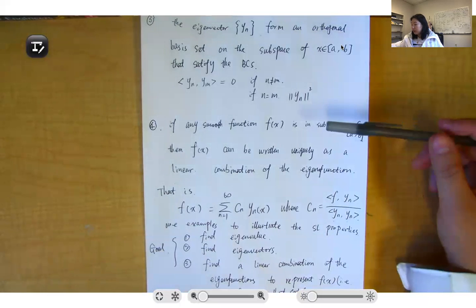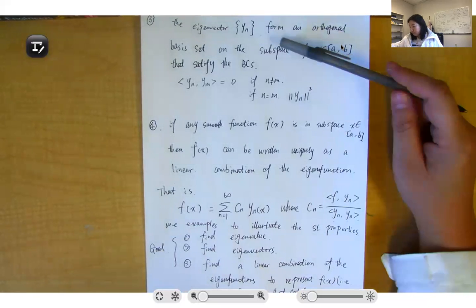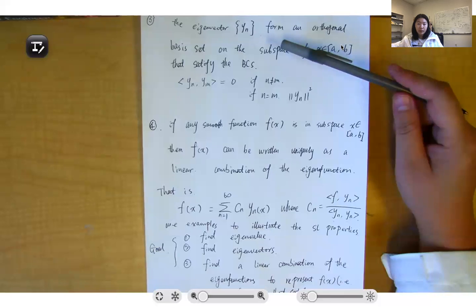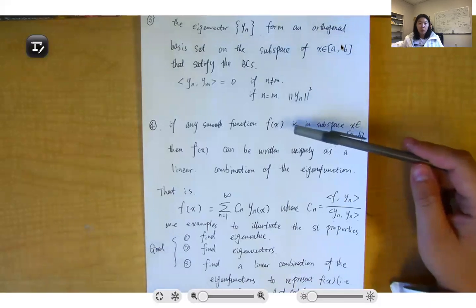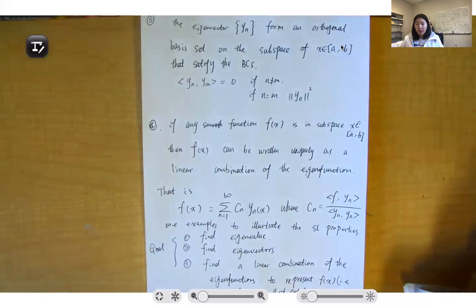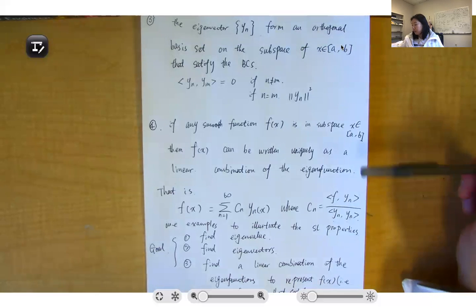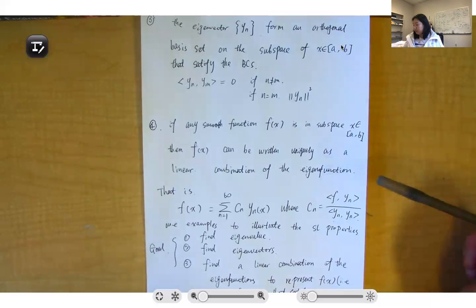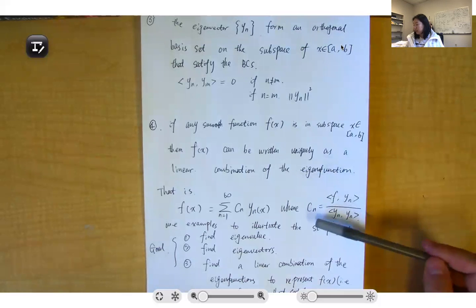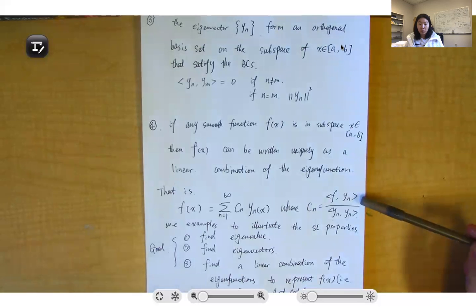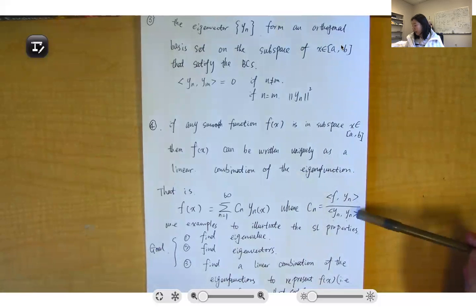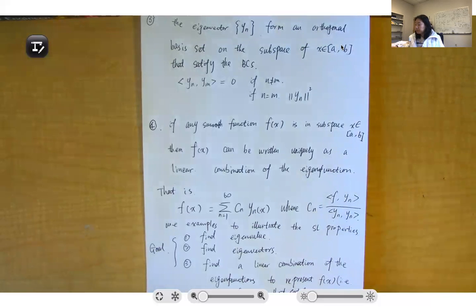Then you can use a linear combination of these eigenvectors to represent any smooth function in between your boundary conditions A to B. And if your smooth function satisfies the boundary conditions, then you can represent it uniquely with a linear combination. And the constant is basically getting the inner product of f(x) and yn over yn, which is a normalized part.